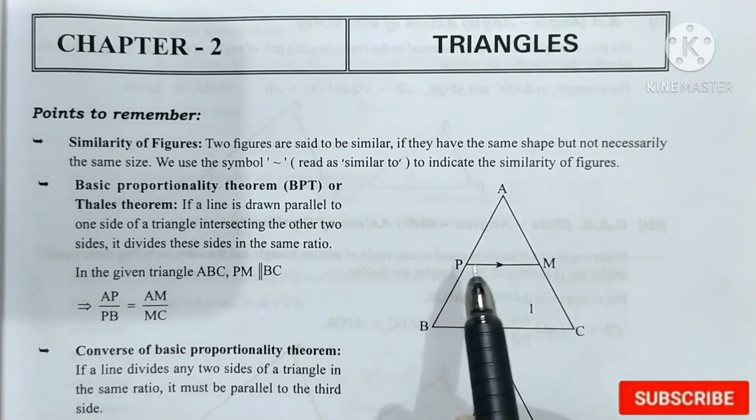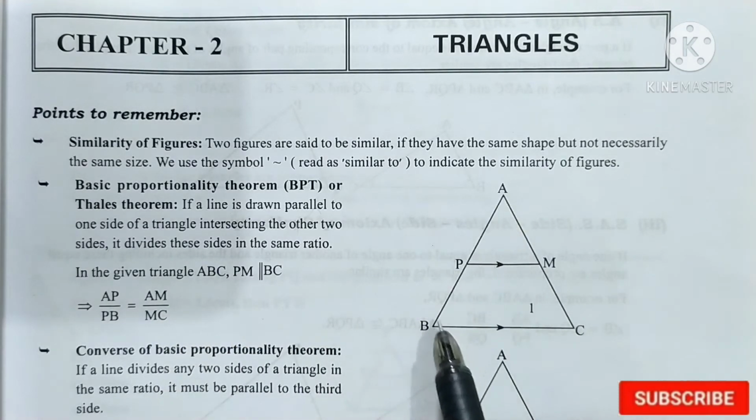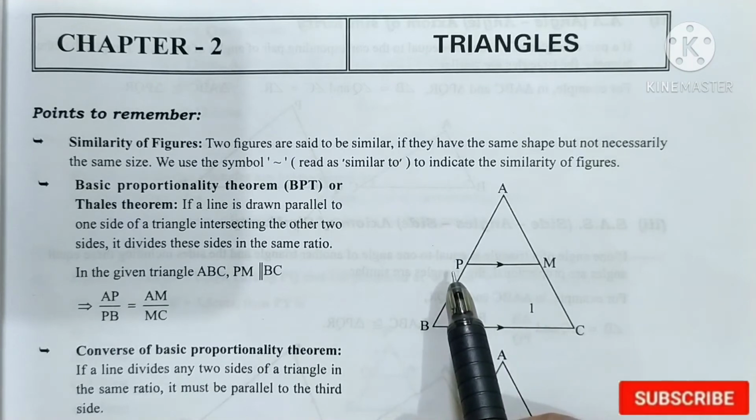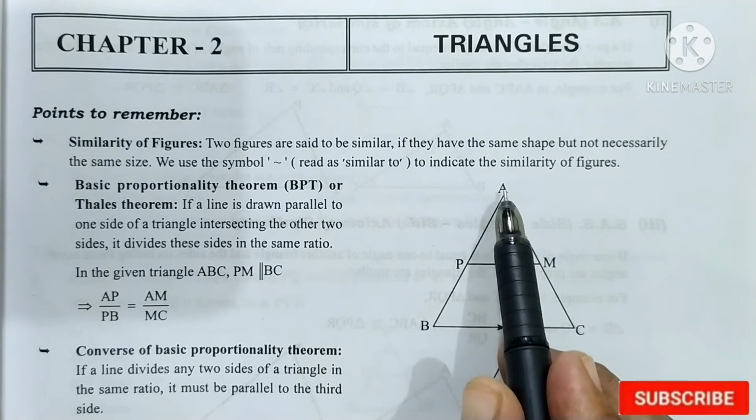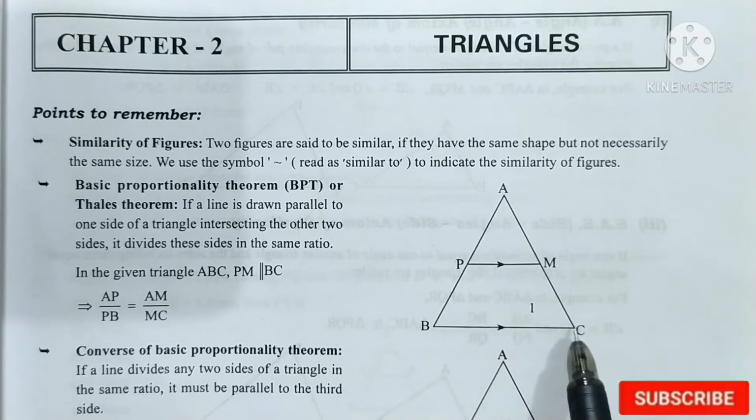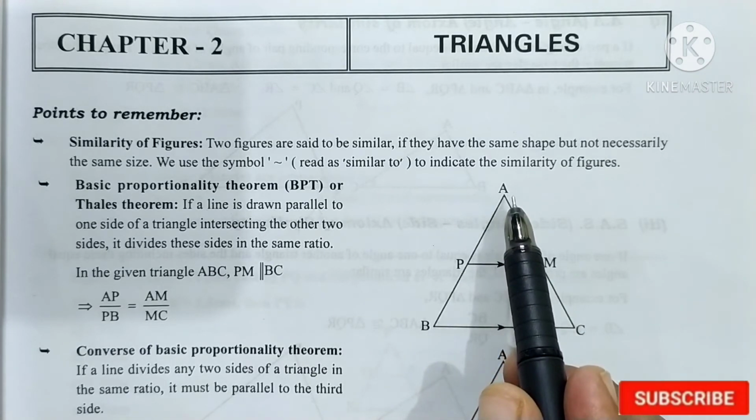Now see our basic proportionality theorem in this diagram. If a line is drawn parallel to one side of a triangle, you know that in a triangle there are three sides. So here, triangle ABC.